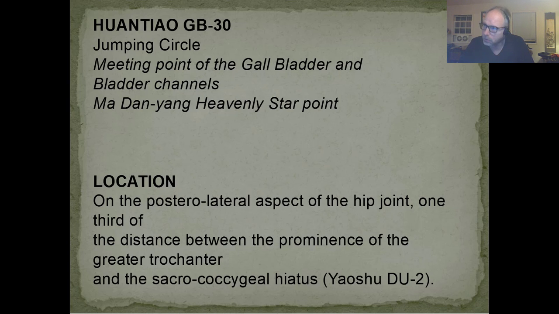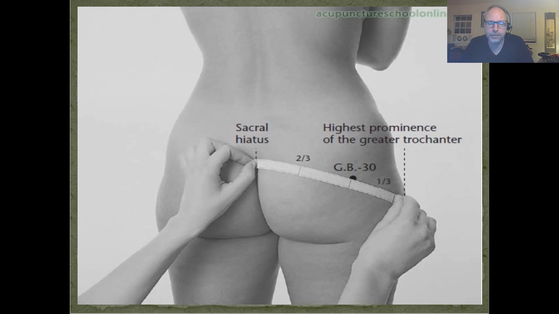Just like this. You can actually visualize where that sacral hiatus is versus where that greater trochanter is. You're going to find the halfway point, break it into thirds. The lower 1/3 from the greater trochanter going toward the sacral hiatus is gallbladder 30.